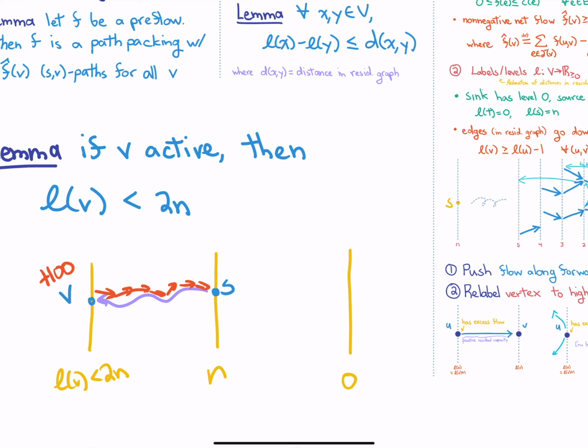So this is good, right? Because when I'm worried about running times of this algorithm, one of the things I'm concerned about is, can't I just keep pushing labels up and up forever? It's not clear that you stop and there's some ceiling. But what does this lemma tell us?